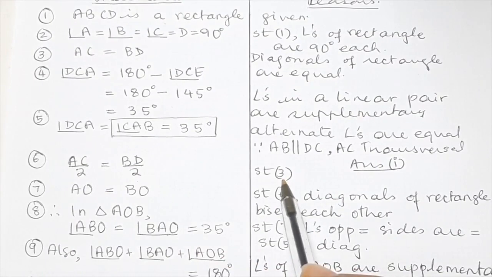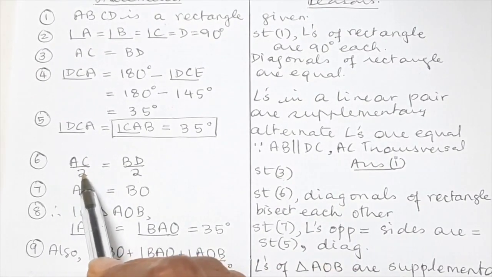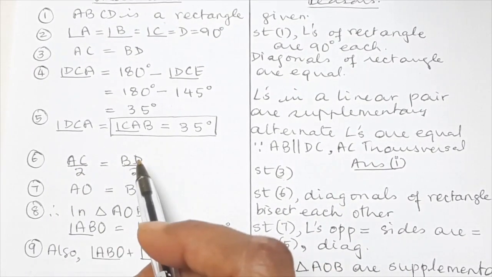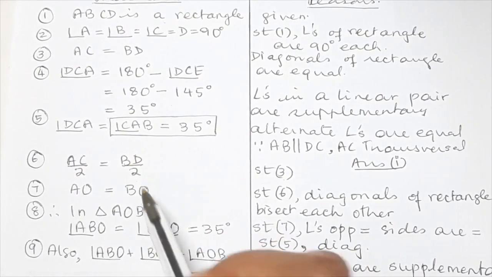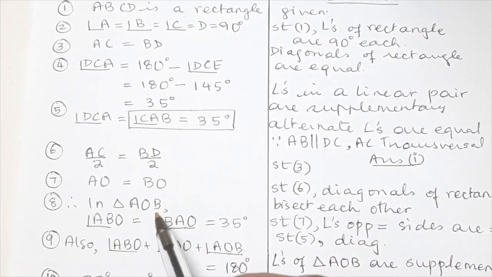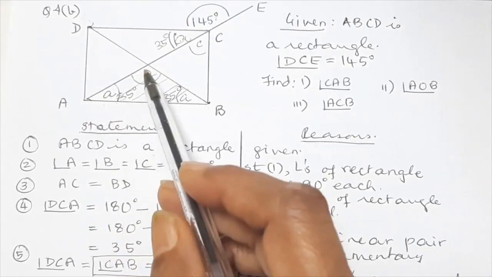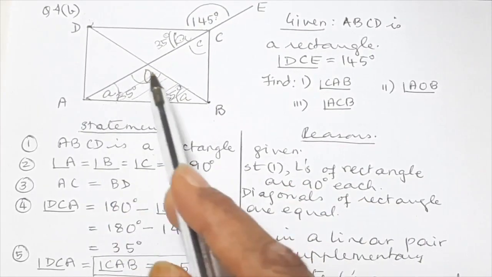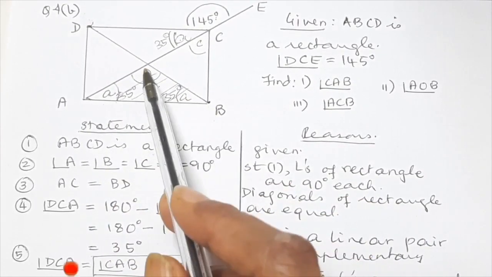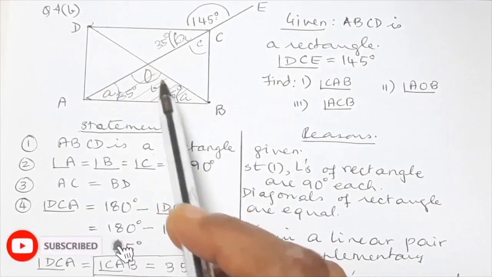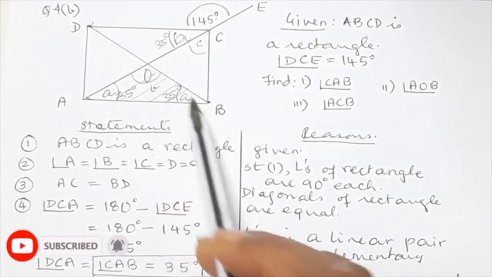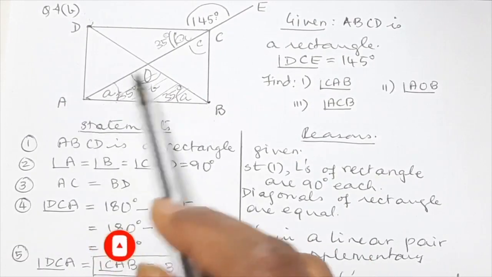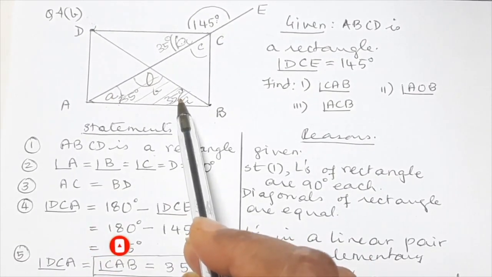That is statement number 3. Now AC upon 2 means half of AC, and half of AC will be AO, and half of BD will be BO. Therefore, in triangle AOB, look at your triangle AOB, we will have AO equal to BO, and therefore opposite AO will be angle ABO, and opposite BO is going to be angle BAO. They are equal to 35, 35.